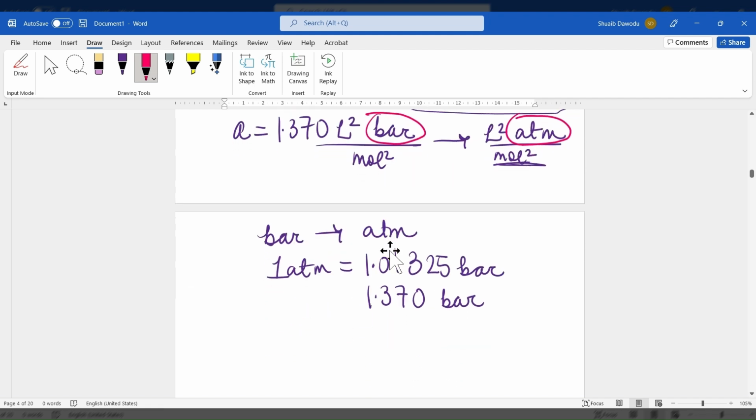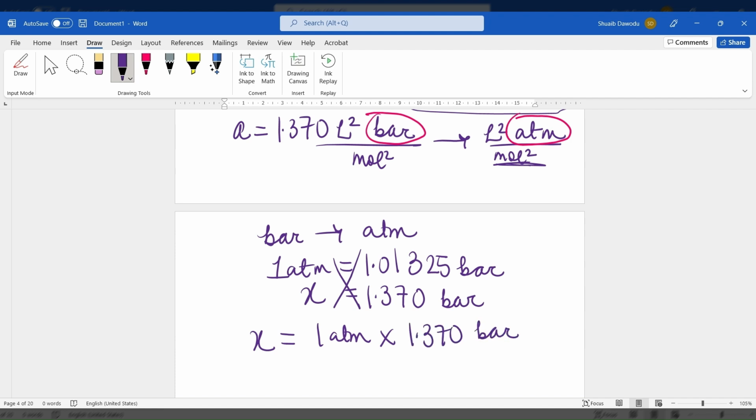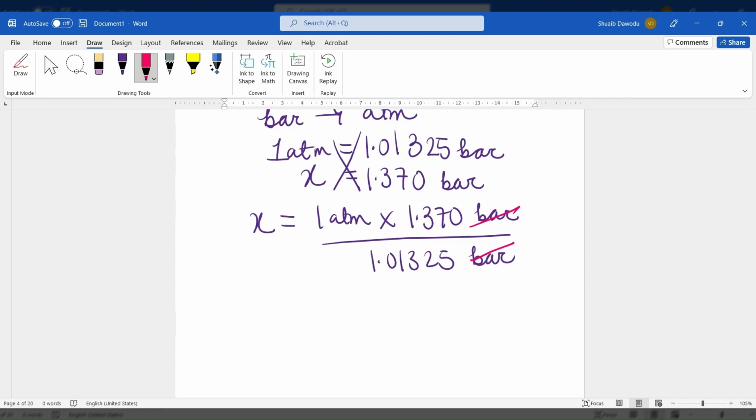The main concentration for this question is just the bar as well as the atmosphere. So far so good. This is equal to x. We're going to do the unit conversion, cross multiply. We end up with x equal to 1 atmosphere times 1.370 bar divided by 1.01325 bar. Cancel out the bar.